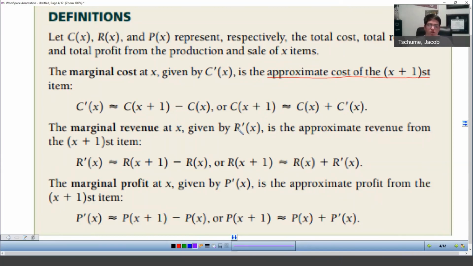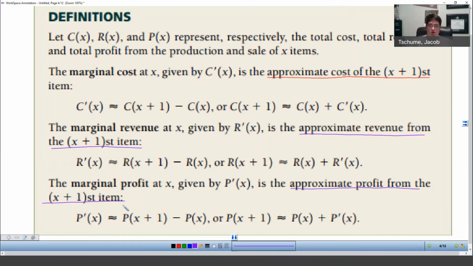Now, this same idea can be applied to marginal revenue and to marginal profit. The one thing I want you to note is that when you find marginal revenue, you are approximating the revenue from the x plus first item, and for marginal profit, you are approximating the profit of the x plus first item.